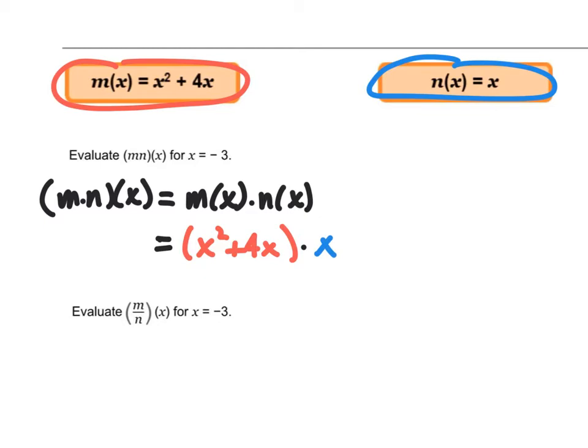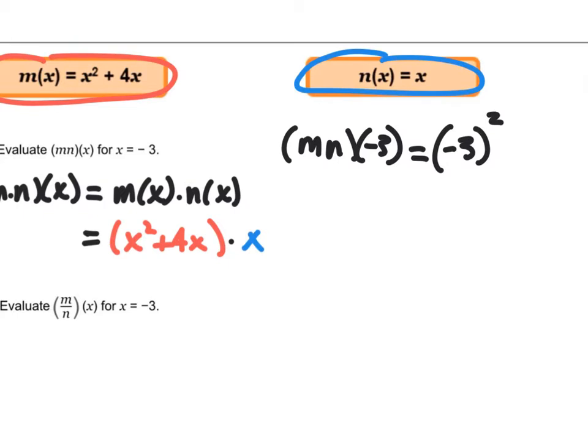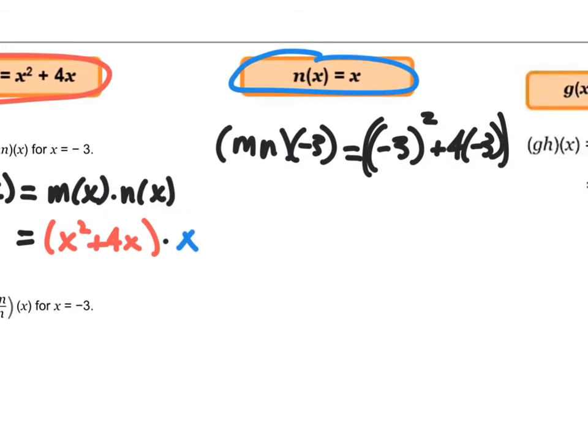Okay, and it wants us to plug in -3, okay? So let's figure out what mn of -3 is. Let's plug that in for x. And so we're just going to get the quantity -3 squared, plus 4 times -3. And then the whole thing is being multiplied by -3.